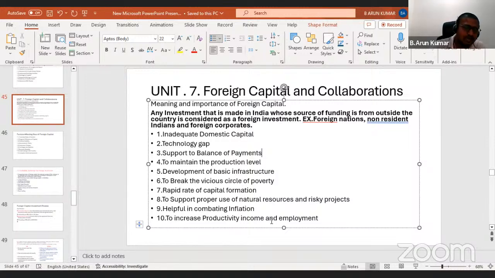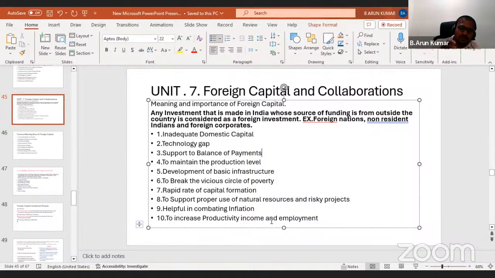Then the fifth one is development of basic infrastructure. For development of basic infrastructure, we have less savings. So we don't have much money to invest in railways, roads, canals, airports, and also power projects.